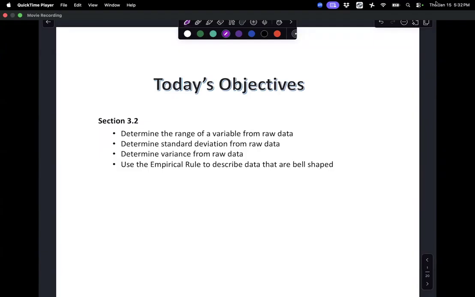The empirical rule is really a method of estimation, and estimation is super important. We estimate a lot of things: I think this is going to cost me about $30, or it's about this many miles or minutes to get to this place. Pretty much every day in our lives, we're estimating something.